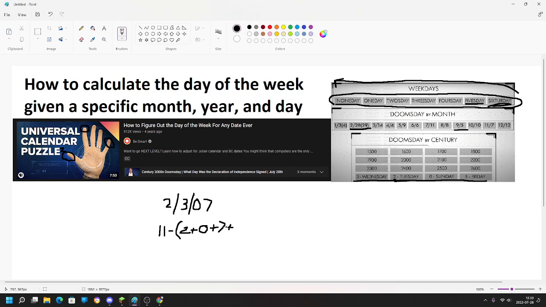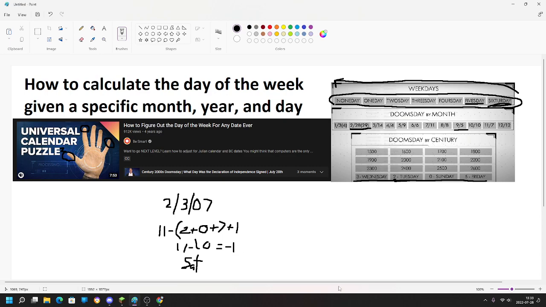And 4 goes into 7 one time. 7, 8, 9, 10. Minus 11. Now, this should be a Saturday, because 10 minus 11 is negative 1.